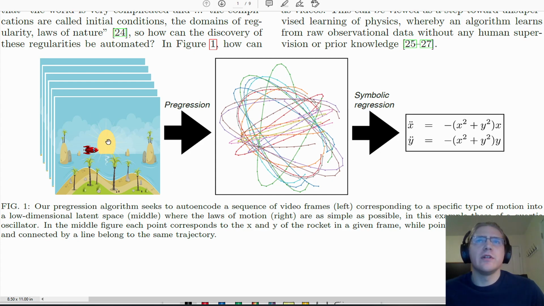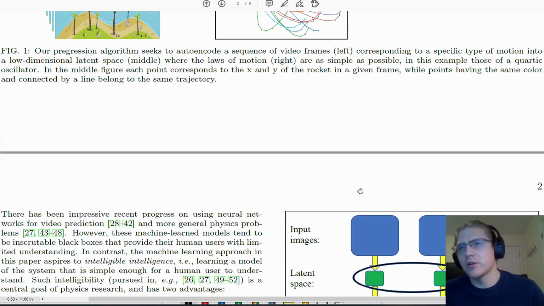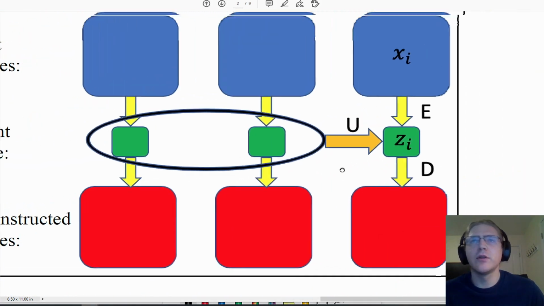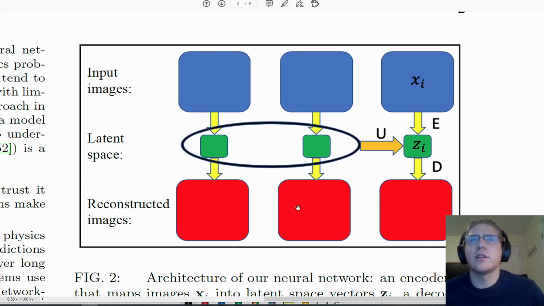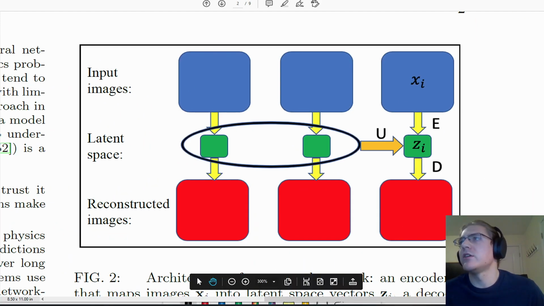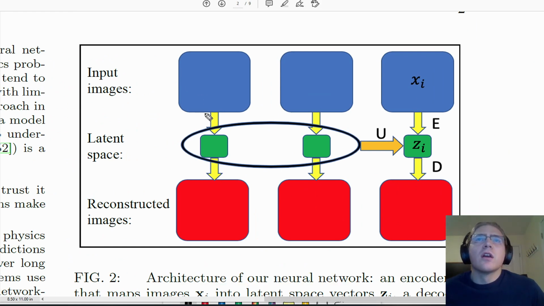So we need to map this high dimensional thing into a low dimensional thing. Well, how do we do that? Autoencoders. So they use pretty standard autoencoder stuff. Bunch of convolutional layers that drop down in dimension to a low dimensional thing here.